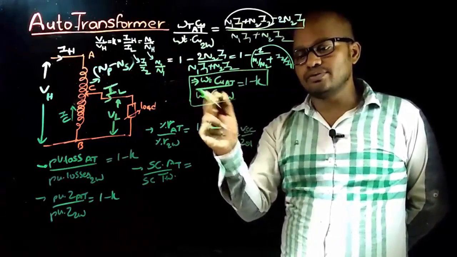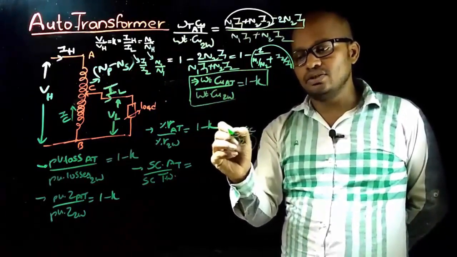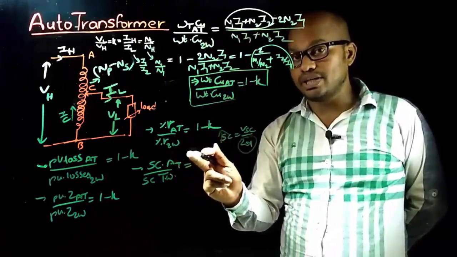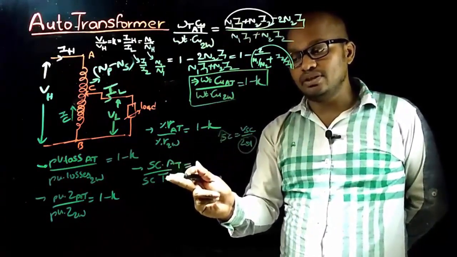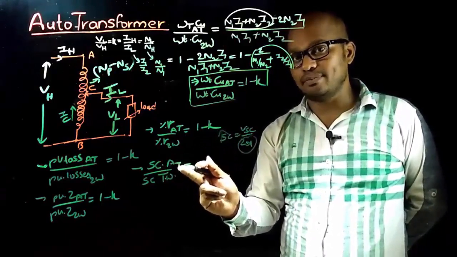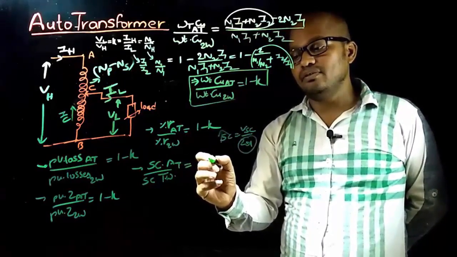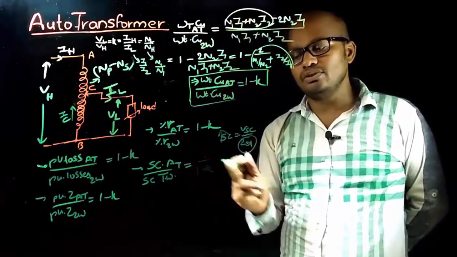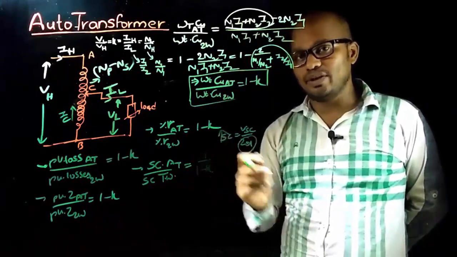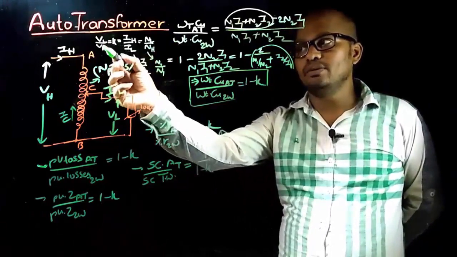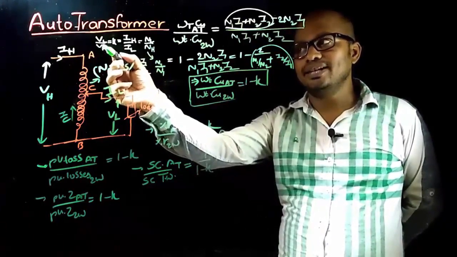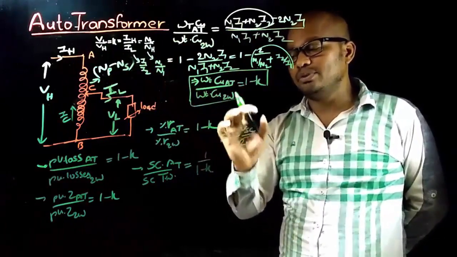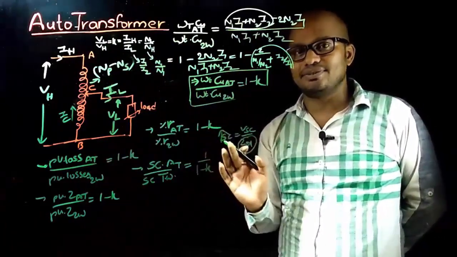Therefore, in autotransformer, as impedance is less, short circuit current is high. Therefore, here we must equate this relation with 1 by 1 minus K, because 1 by 1 minus K is greater than 1. So, by taking K equal to VL by VH, we got K less than 1, and because of that, it is simple to recall all these relations.